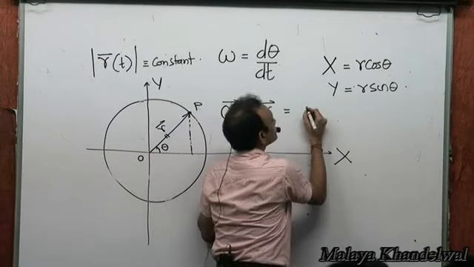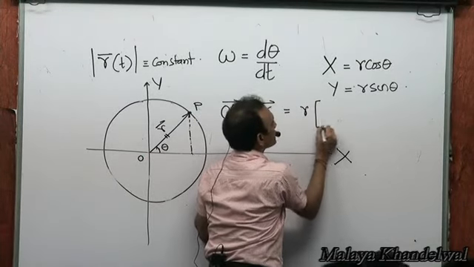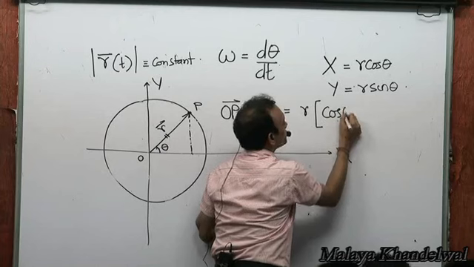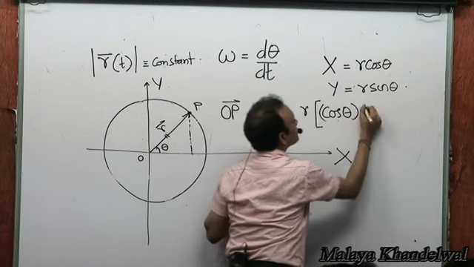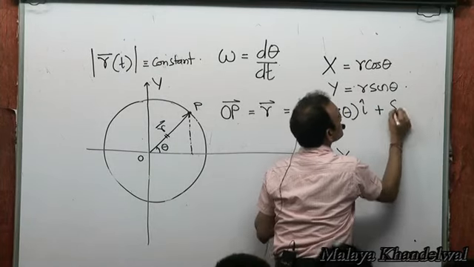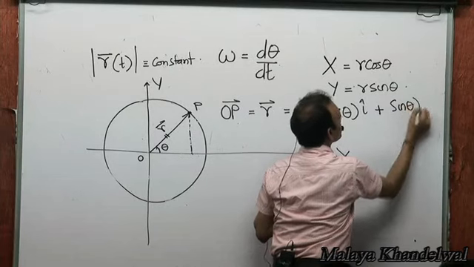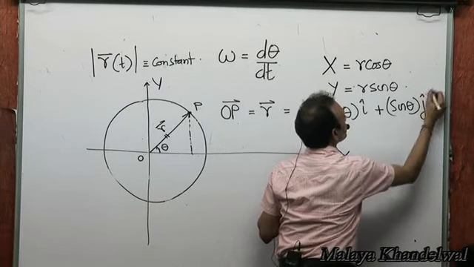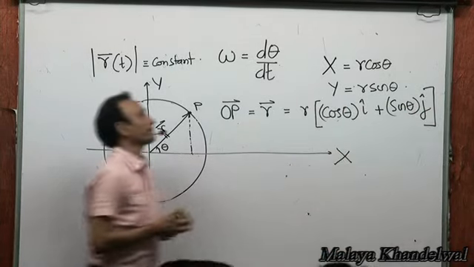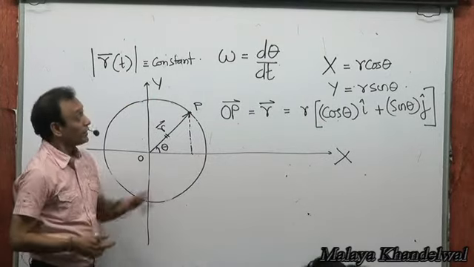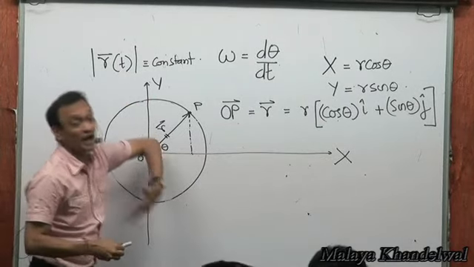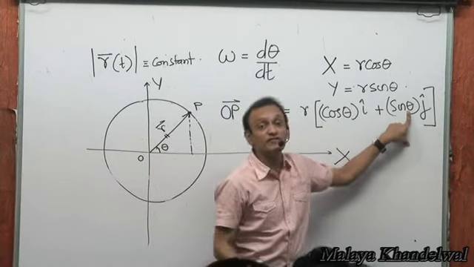That means R taken common, cos theta i cap plus sin theta j cap. That's a position vector. And it's going to be a function of time. Why? Because this theta is a function of time.